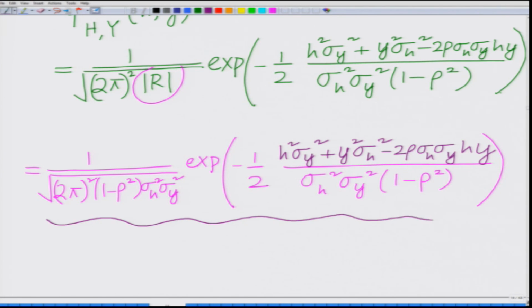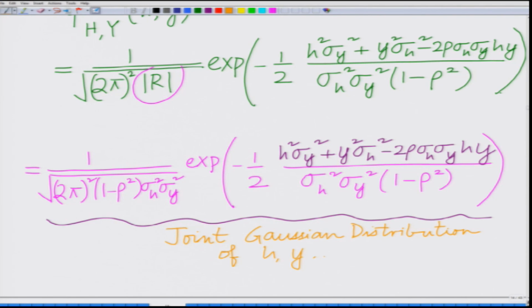This is therefore the joint Gaussian distribution of the parameter h and the observation y.